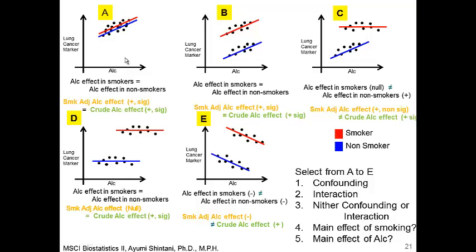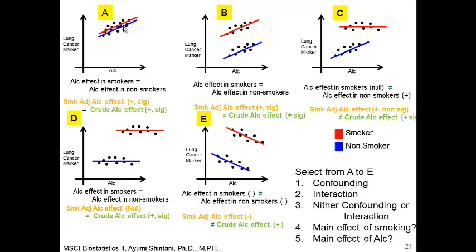Okay, let's begin. So in this scenario A, there is an effect of alcohol in both smokers and non-smokers, although there seems to be no effect of smoking, therefore these slopes overlap. Okay? And do you think smoking is confounding or there is interaction?